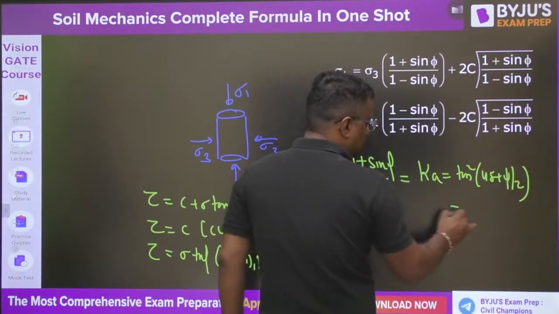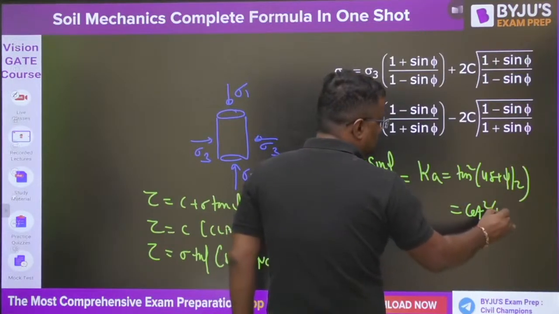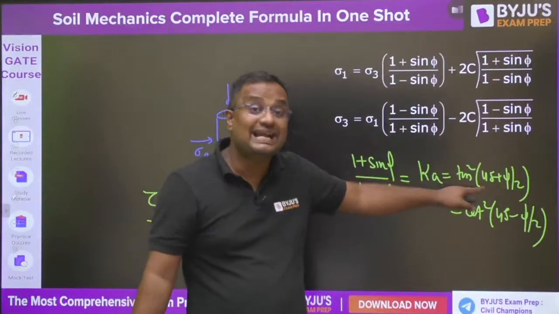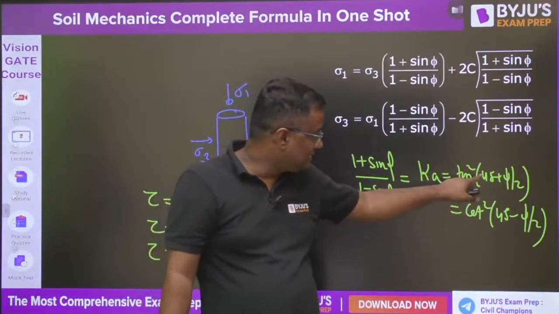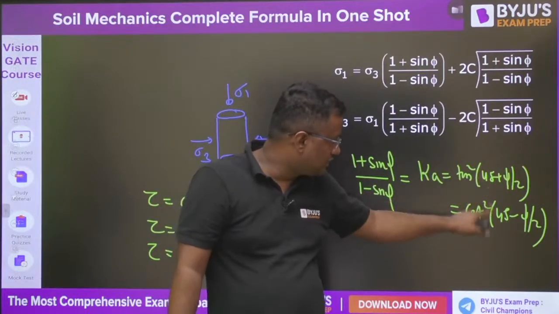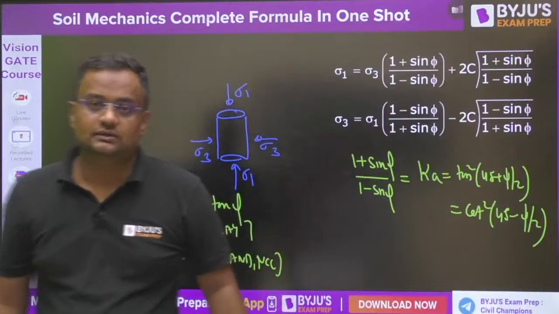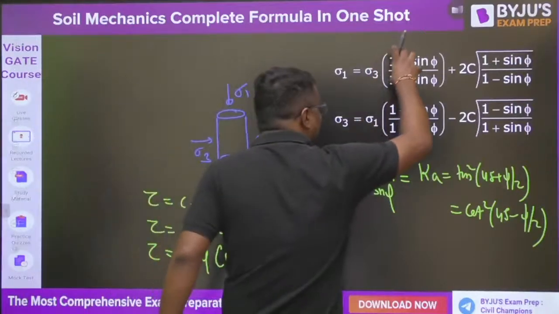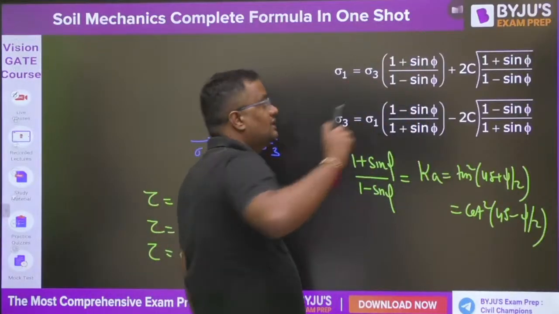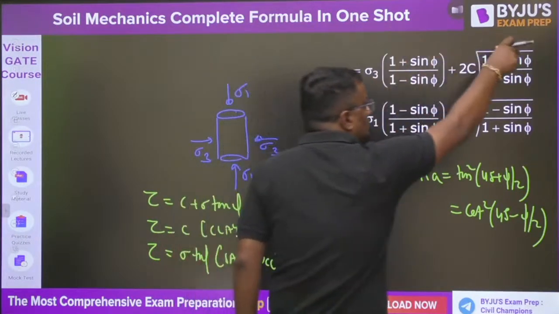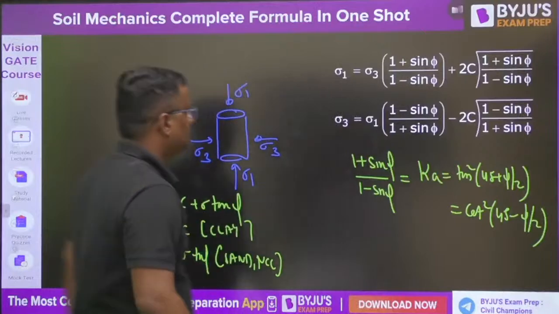Many of you know this, but many of you do not know that this is also equal to cot square of 45 minus phi by 2, because tan theta is cot of 90 minus theta. So 90 minus 45 is 45, and the minus sign will be like this. So you can write it as tan square of 45 plus phi by 2, or as cot square of 45 minus phi by 2. The root can also be done like this.